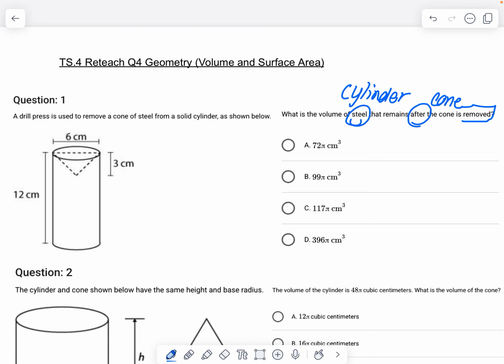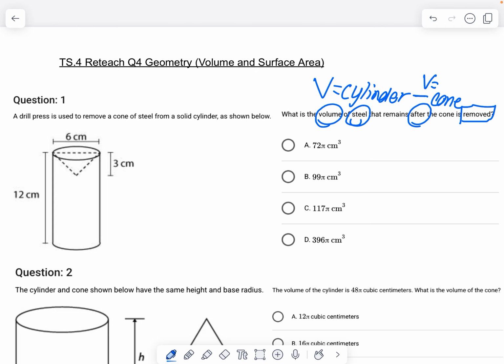Anytime I think about the word remove, I think I have a whole thing and I'm removing something from it. If I had 10 cookies and I'm eating them, I'm losing cookies. I'm losing that number. Well, the operation for losing something is subtraction. We're talking about volume, so I need to find the volume of the cylinder and the volume of the cone and subtract them.